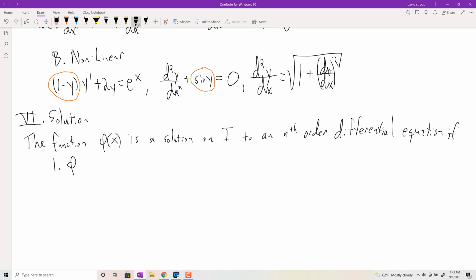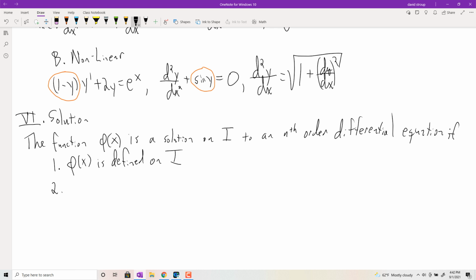First, the solution has to be defined and have derivatives. If you remember your calculus, if something is differentiable, it's therefore continuous. If it's continuous, it's not necessarily differentiable. So anyways, if phi has derivatives, then phi is continuous on the intervals where it is differentiable.